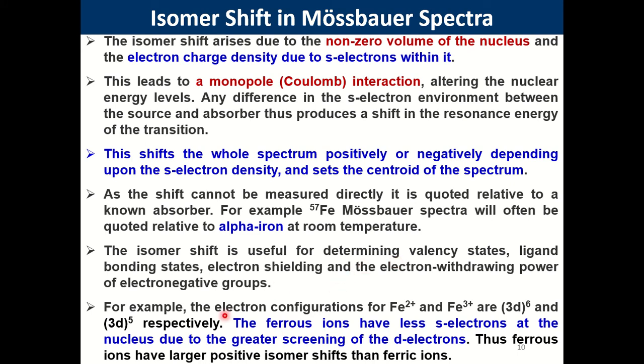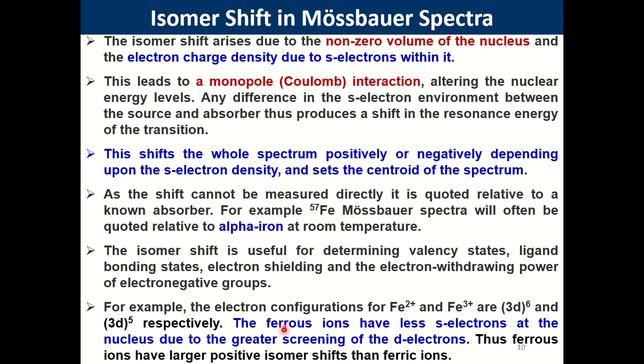For an example, I can tell you that Fe2 plus and Fe3 plus, one is a 3d6 system, another is a 3d5 system respectively. The ferrous ions have fewer s electrons at the nucleus, because you have a greater number of d electrons in Fe2 plus, as compared to Fe3 plus.